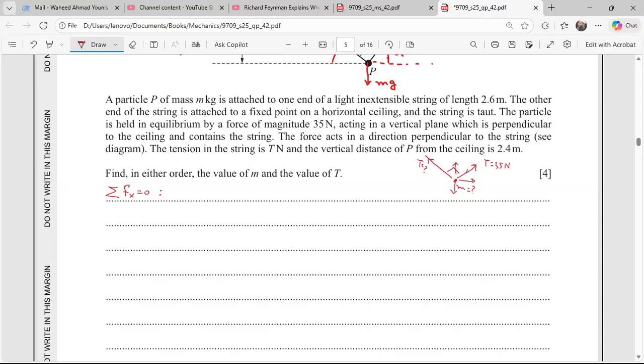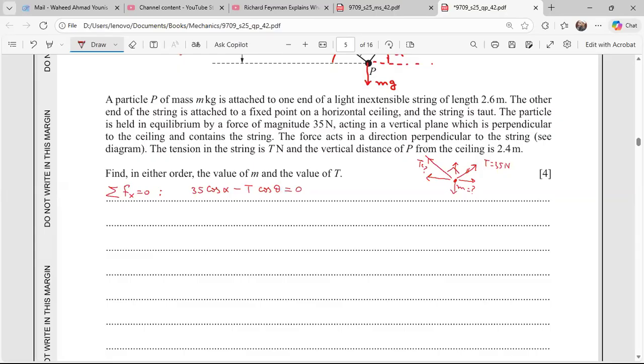The x component is 35 times cosine of alpha, in this direction. In the same way, the x component of this tension force is going to be negative, T times cosine of theta, and that must be equal to 0.